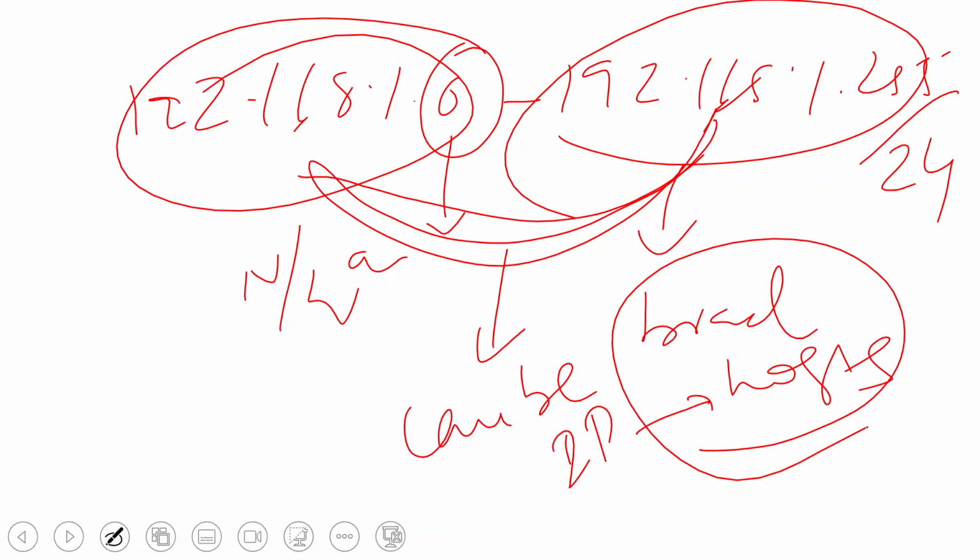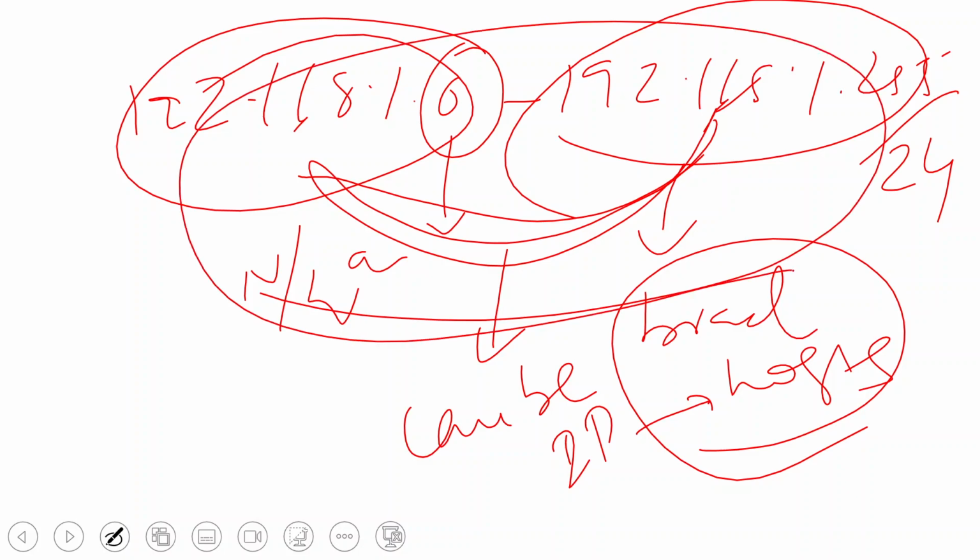So what I was trying to explain here is, again, in this small company where you have only 256 hosts, you want to divide this 256 into 4 departments. So usually people will take HR, technical, sales, and you can take the marketing department.